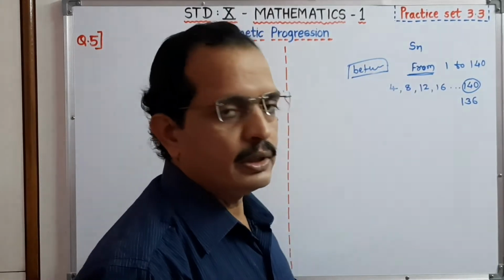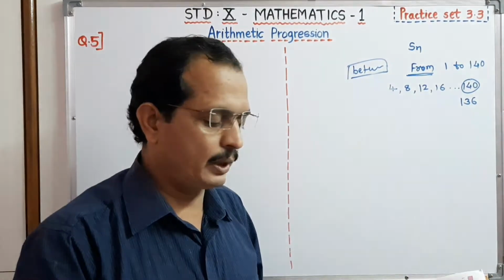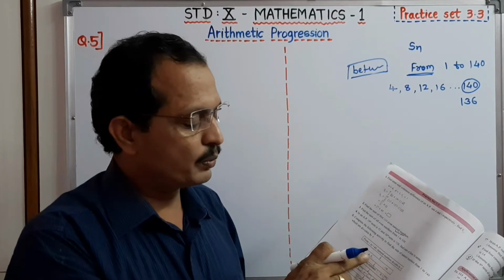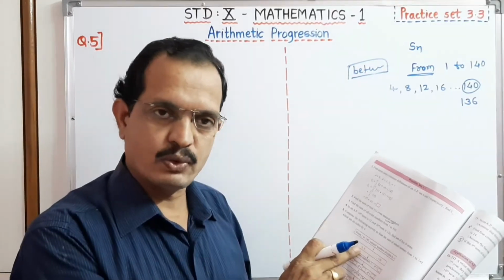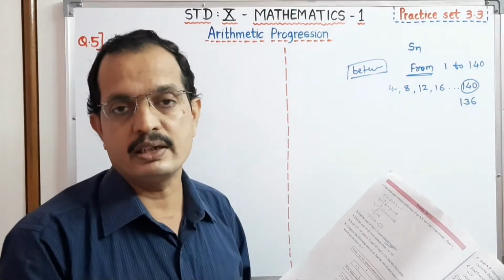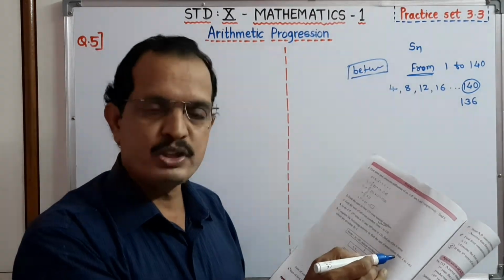Now dear students, in the book this question is given in an activity type. In the second step, the first AP is given. The first term is 4, the second term is 8, and here the last term is 136. Dear students, in the question the word from is used.